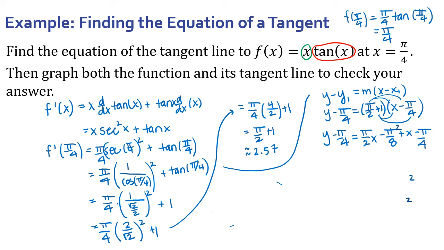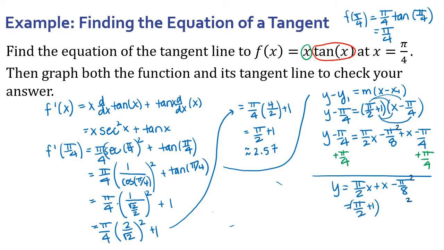The first thing I think I might do is move this pi over 4 over, because then that's going to get rid of that one term, which is great. So then I'm left with y equals pi over 2 x plus x minus pi over 8. So I could rewrite that as pi over 2 plus 1 times x minus pi over 8, or you could leave it just like that.